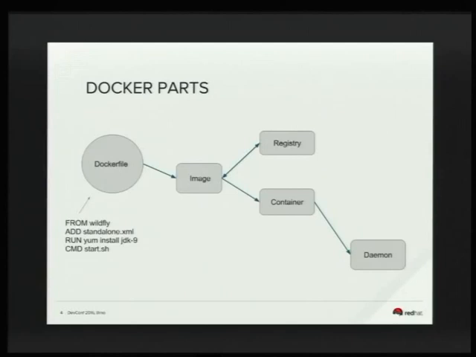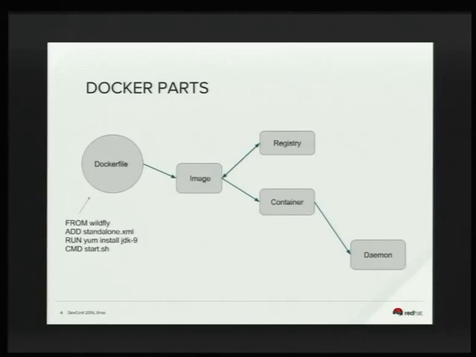And here's the typical workflow. The pieces that you need to work with when you want to get started is that you can either start with a Docker file that you write on your own.